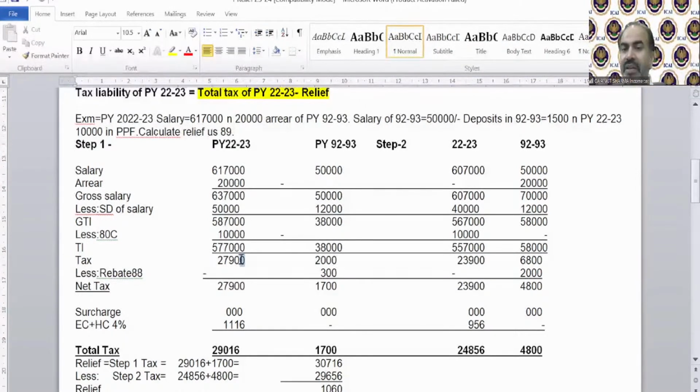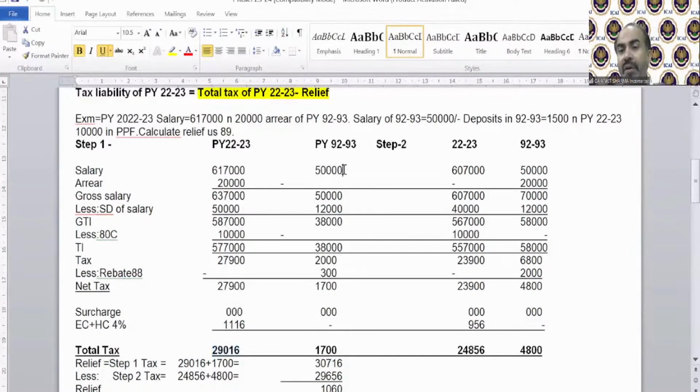That will come to 27,900. Surcharge is not applicable because it applies only if your income exceeds 50 lakh rupees, which is not the case here. We will apply cess, so the tax liability will be 29,016. So our tax liability, including the arrear, of the current year is 29,016. Now what do we need to do?